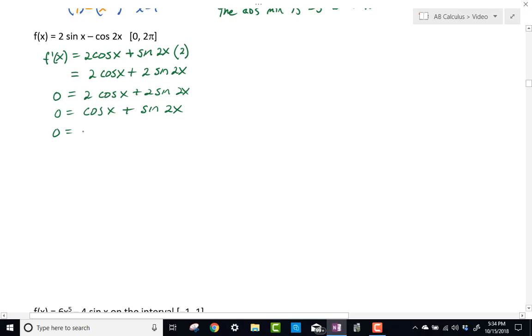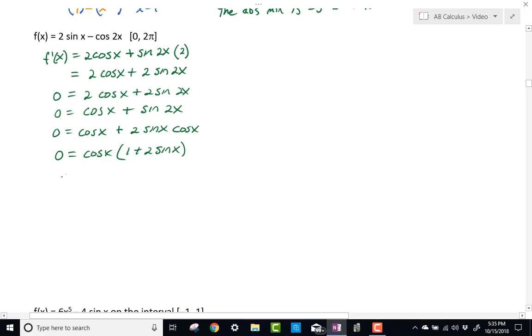So we've got cosine x plus, now sine of 2x is a trig identity, 2 sine x cosine x. All right, and I think you can see where we're headed. We're going to factor out a cosine of x here. So that's going to give me 0 equals cosine x times 1 plus 2 sine x.